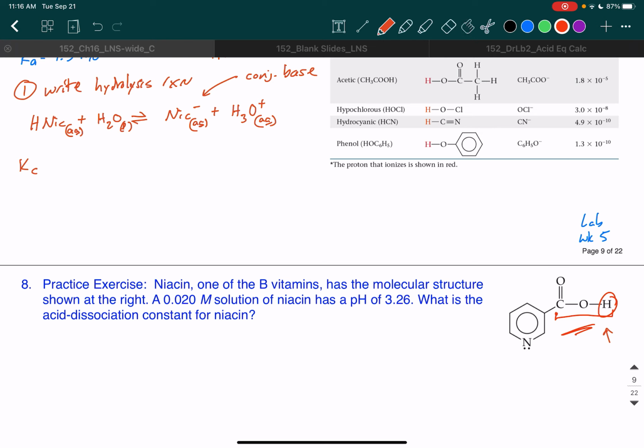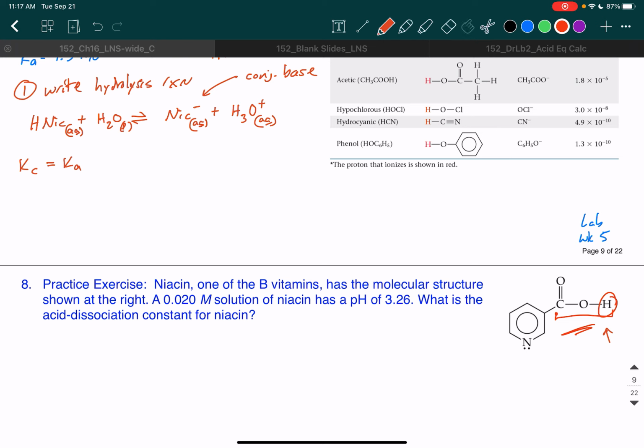Well, to be a little bit more specific, instead of Kc, it's Ka for acid. So if you see a capital K pretty much anywhere in the book, that is in reference to some kind of equilibrium constant. The subscript is just associated with that type of reaction or that type of reactant.